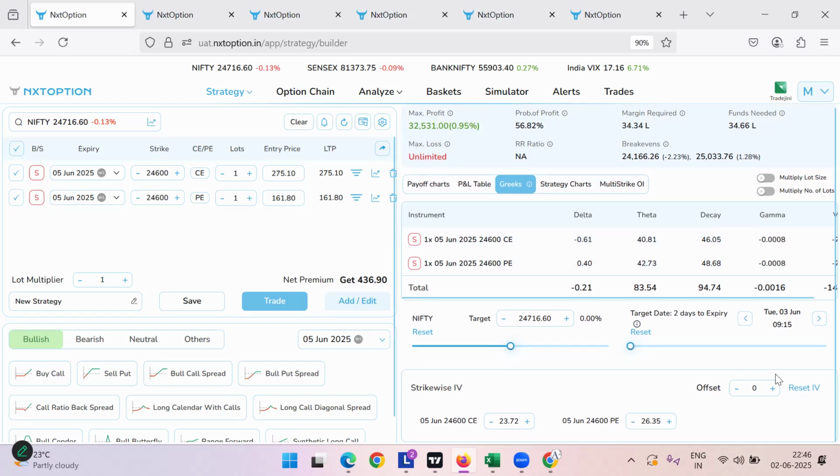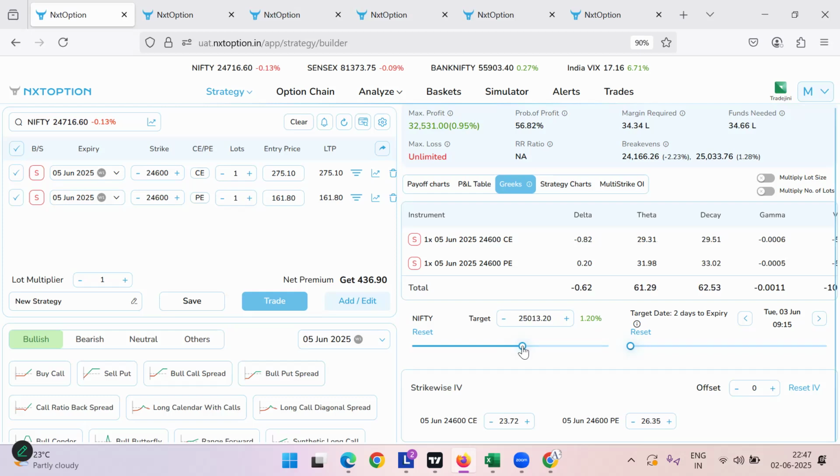Now, assuming that you want to carry your short straddle position for the next day and you want to see how much would be your gain or a loss, you can just increase the Nifty level over here, because remember, when you sell a call and a put, your risk happens when the market goes extremely upside or downside.